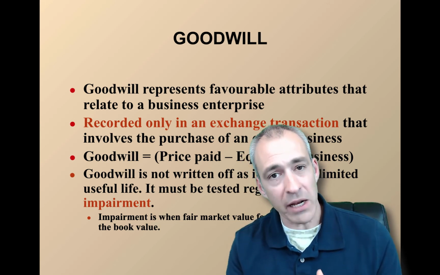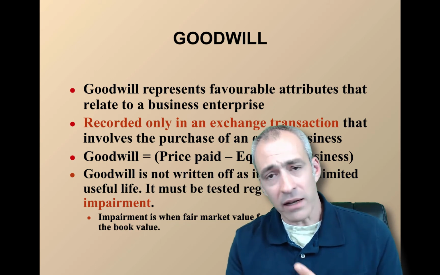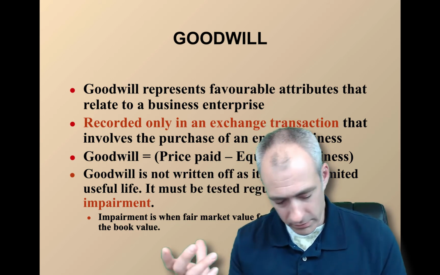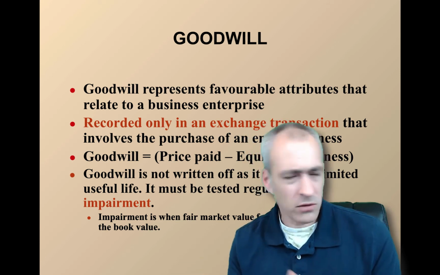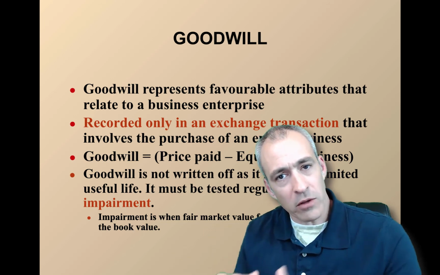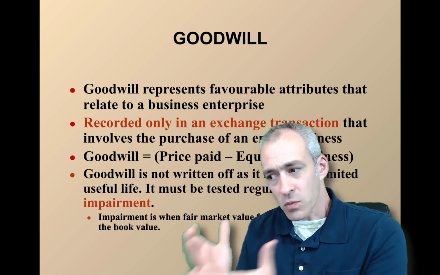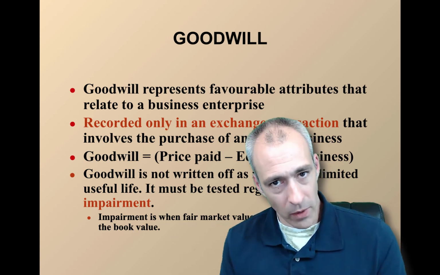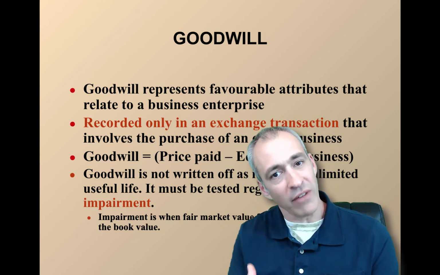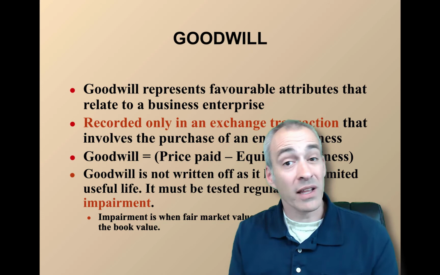So they have good management. They got a great product. The patent is worth way more than it costs to develop it. The brand is terrific. So there's lots of companies that are worth more. Their market value and their future profit potential is worth more than just what their assets say they're worth, right? That are worth a lot more than just their accounting book value equity. So that's where goodwill comes from.